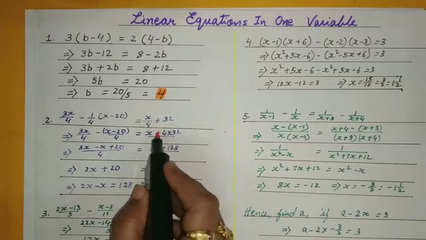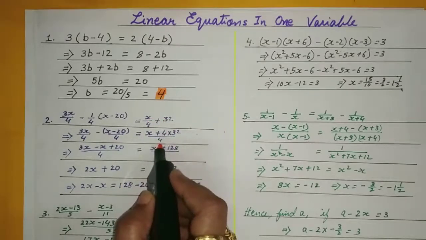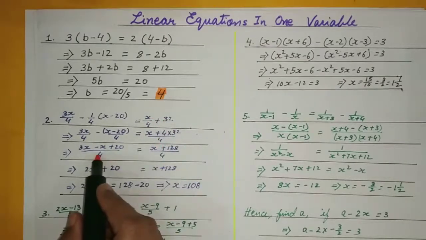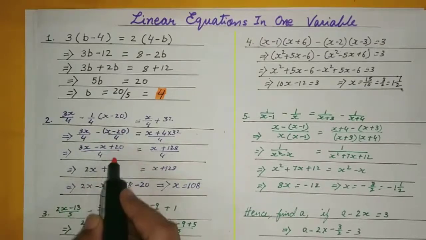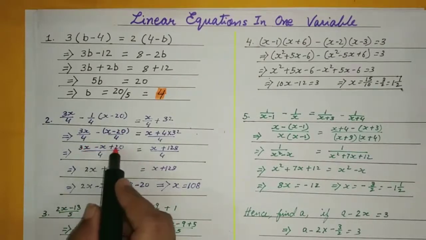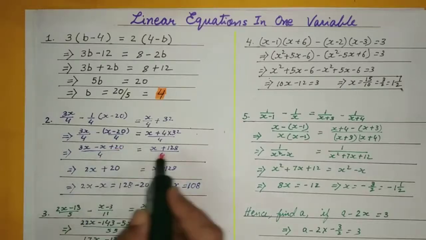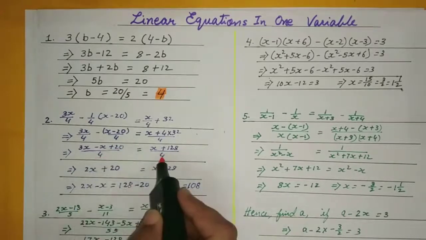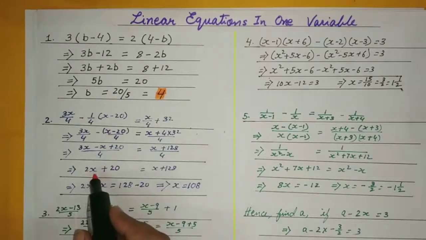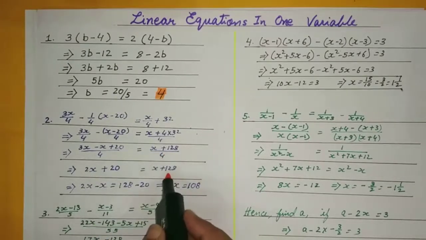How? x plus 4 into 32 by 4. Here also 4, if the common denominator, you get 3x minus x plus 20. In this case, the entire numerator has a common base. So 4 and 4 cancel, and you get 2x plus 20 and x plus 128.